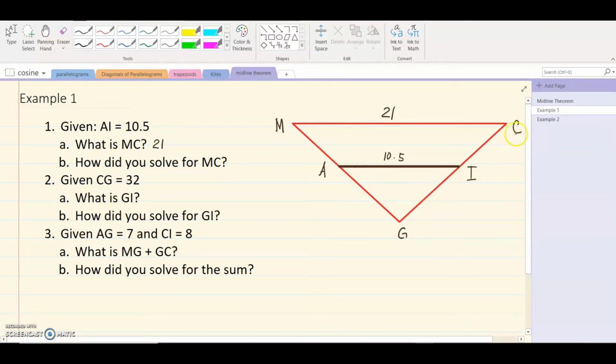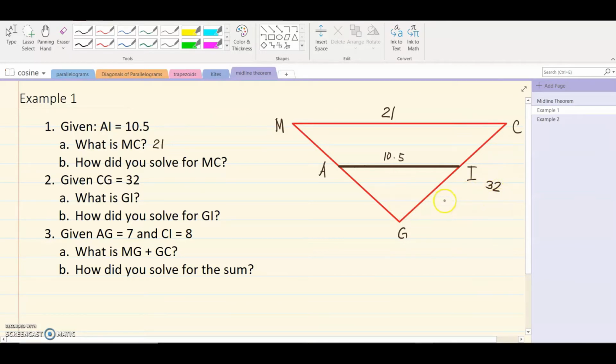CG is 32. What is GI? Since I is the midpoint of side GC, we know that GI will be half of the length of this side.